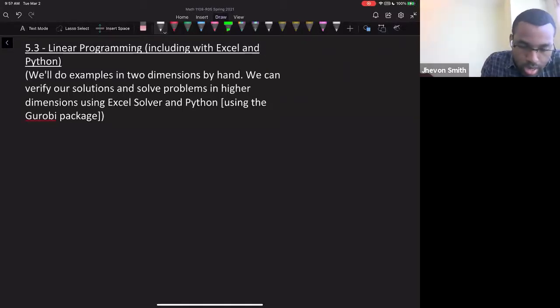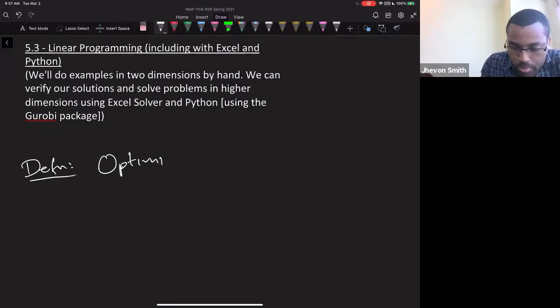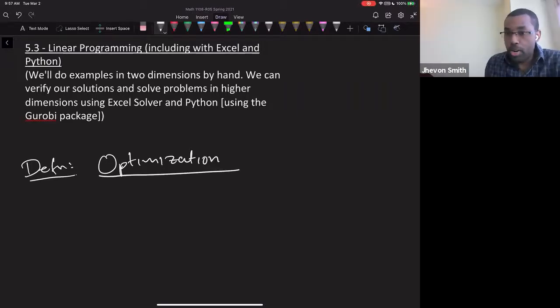So let's start off with a definition. We will call it optimization. This is a very broad field of mathematics. The definition is going to sound very vague when I say it, but I'll explain what it is.